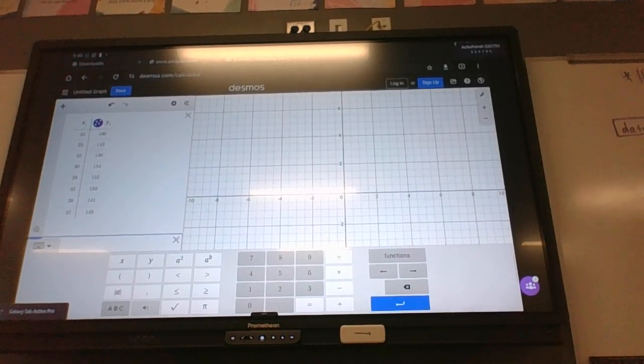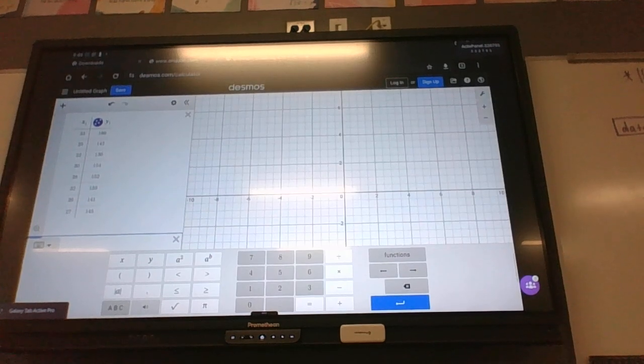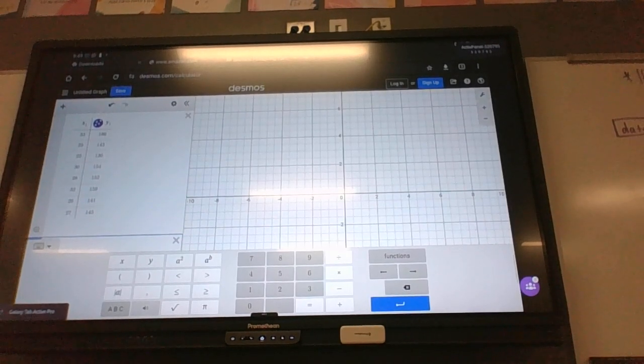Then you're going to go all the way down so you're over the word calc, and you hit enter. And then it's going to tell you what a is and what b is.